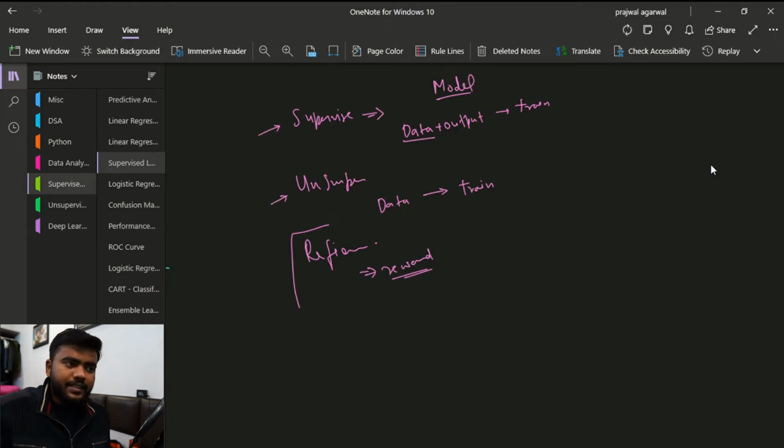So supervised learning is like you are being taught by a teacher. The teacher is giving you the data and also teaching you everything. It is supervising you. Basically your model gets the data, and it also gets the output, so it can learn by looking at the output.